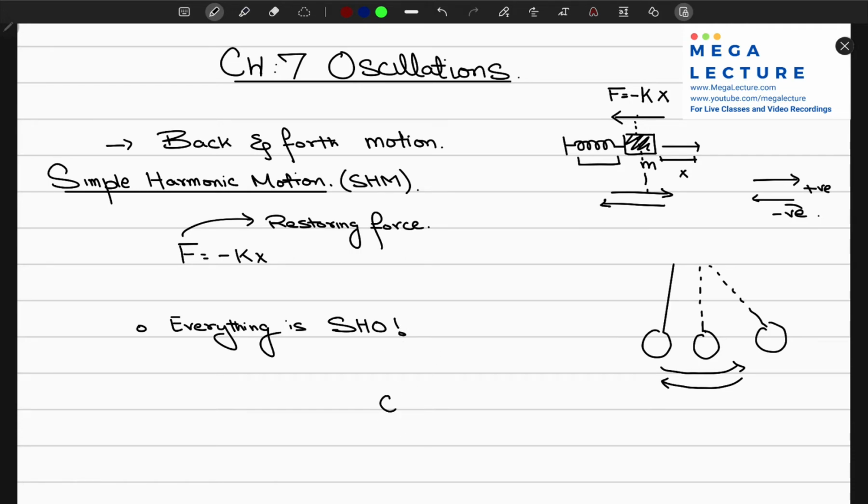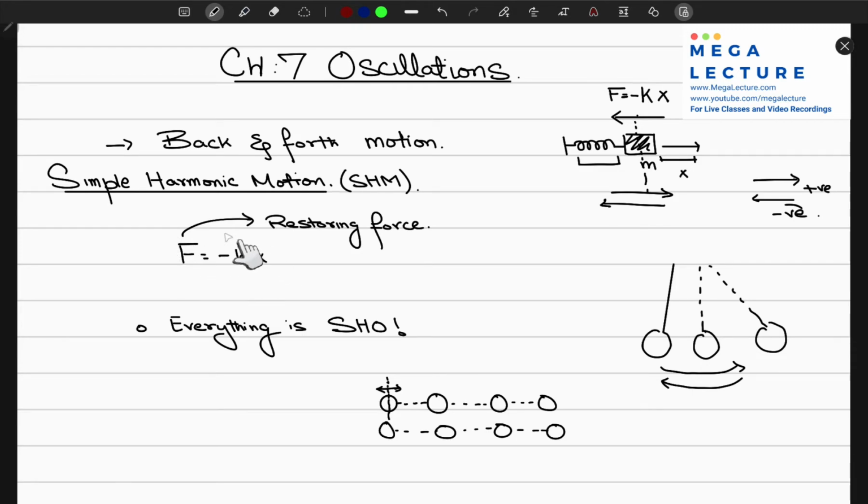Consider you have a substance made up of layers of atoms. Every atom is moving, so basically no atom is stationary. The atom is going to oscillate in these directions about its mean position.